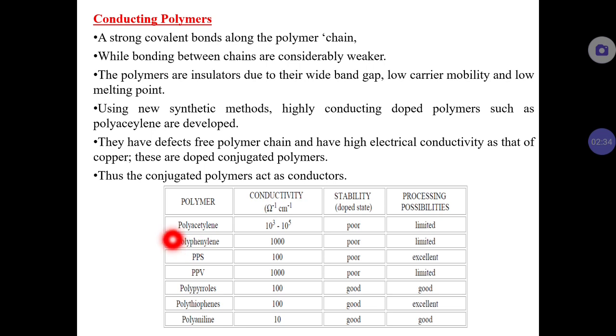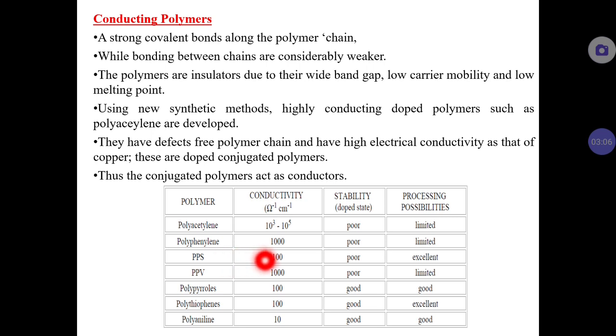So, for example, polyacetylene possesses a very good conductivity of 10 power 3 to 10 power 5. However, the stability is very poor and the processing possibilities are also limited. It cannot be processed that easily. Polyphenylene: its conductivity value is 1000, the stability is very poor, and the processing possibility is also limited.